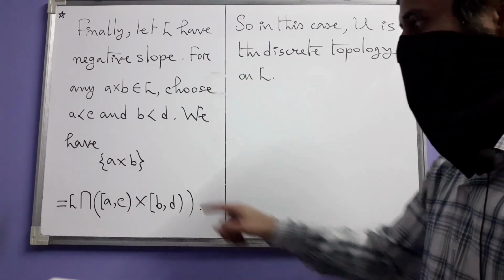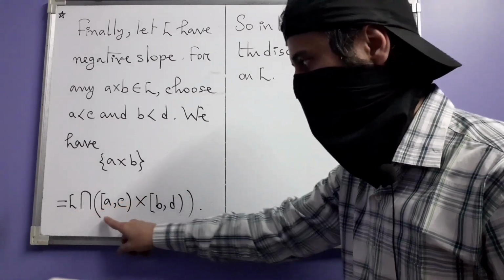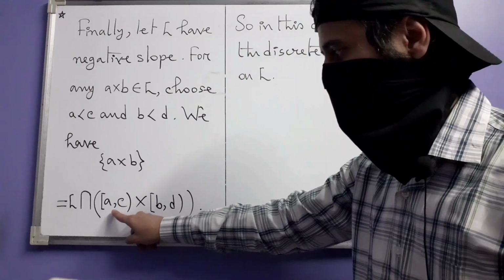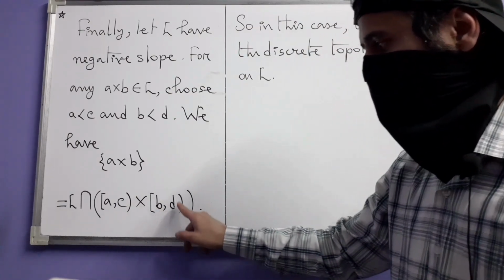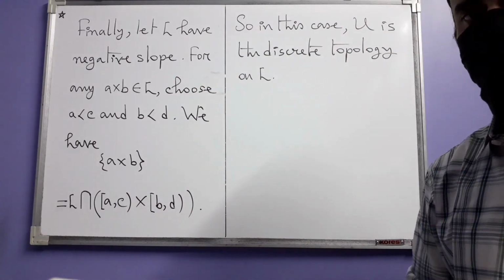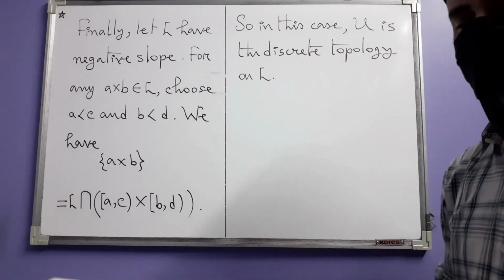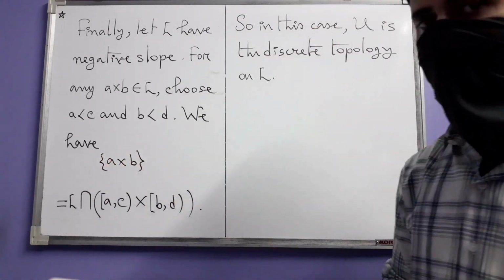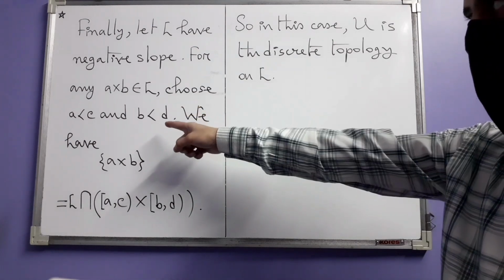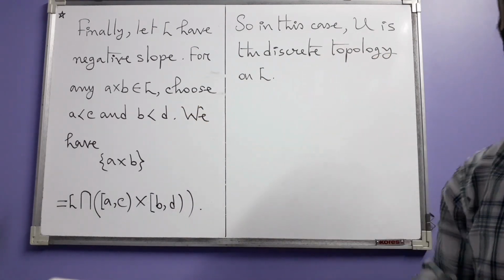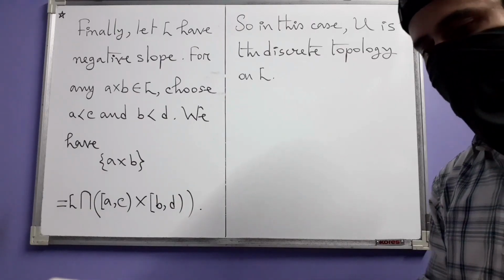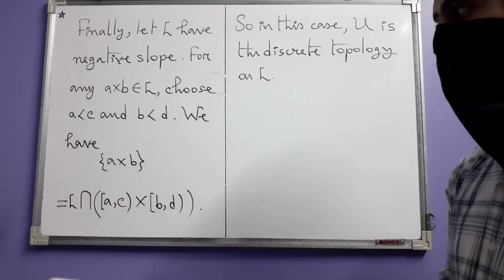It turns out that this equals the intersection of L with this basis element, closed open interval A comma C times closed open interval B comma D. So what do we find here? Here we found that every singleton set, every one point set in L is open in the subspace topology U. So in this case the subspace topology U is just the discrete topology on L.